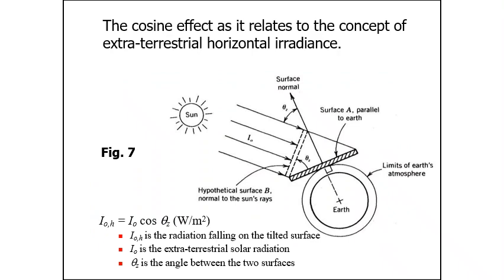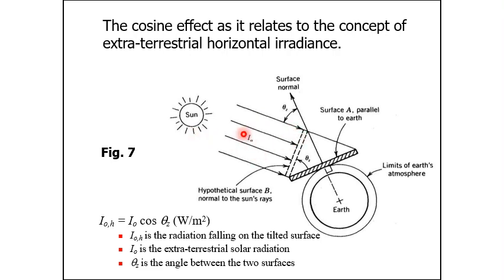Now let us see how this cosine loss will affect if we imagine a plate that is located outside the Earth. So you can see that we are imagining a flat plate which is parallel to the surface of the Earth, and the radiation that is coming from the sun is the solar constant.